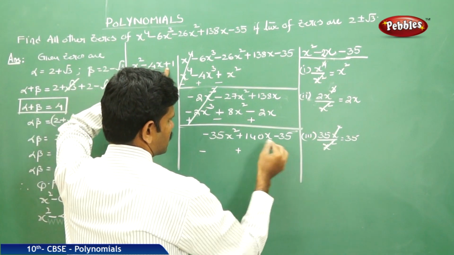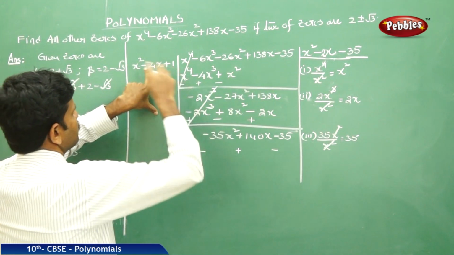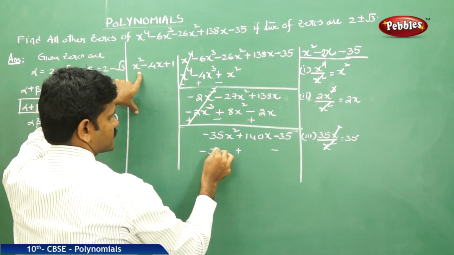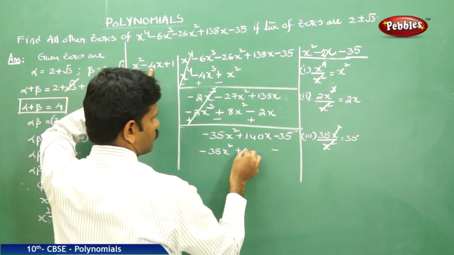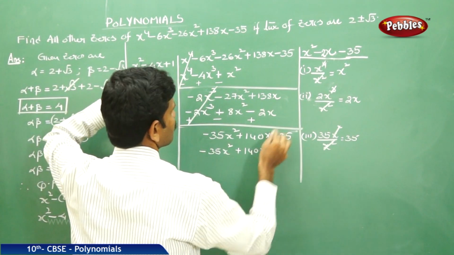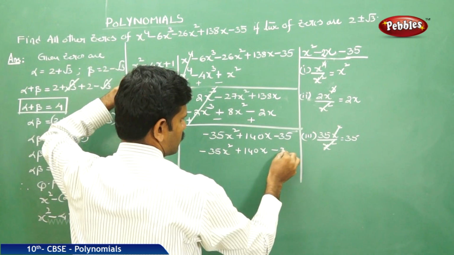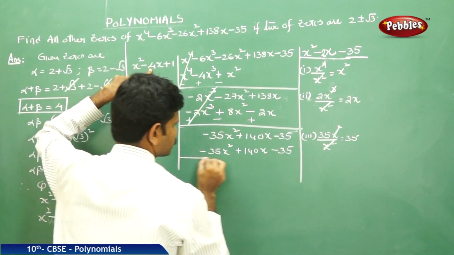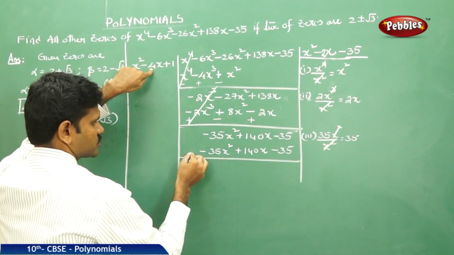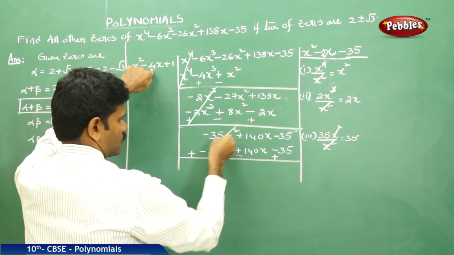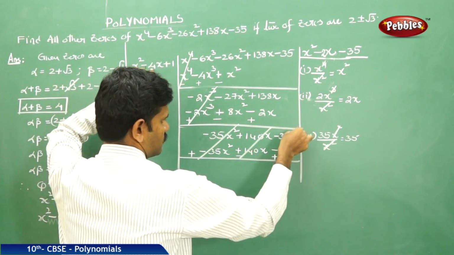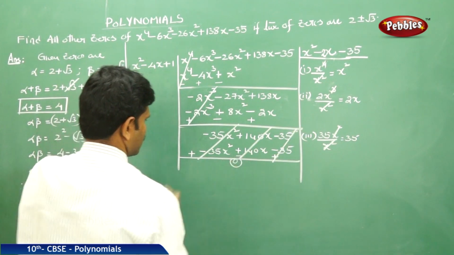Plus is here, write the minus. Now multiply. 35 into x square, 35x square. 35 4s are 140x. 35 1s are 35. Now change the symbols, plus, minus, plus, cancel, remainder is 0.